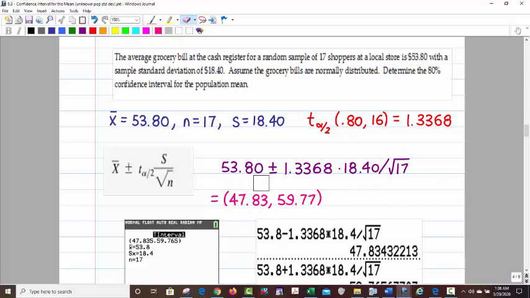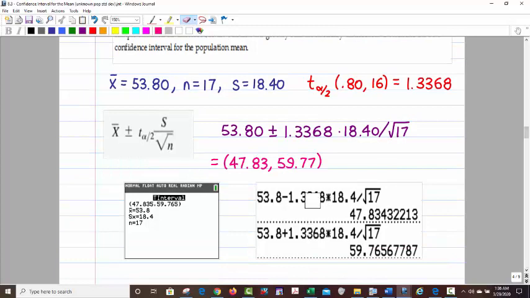So it's 53.80 plus or minus the 1.3368 times the standard deviation of 1840 divided by the square root of 17. You see I have it displayed right here as if it was being done with any kind of scientific calculator. It doesn't have to be a TI to do this part. And I got 47.83, and I got 59.77 as the upper number.